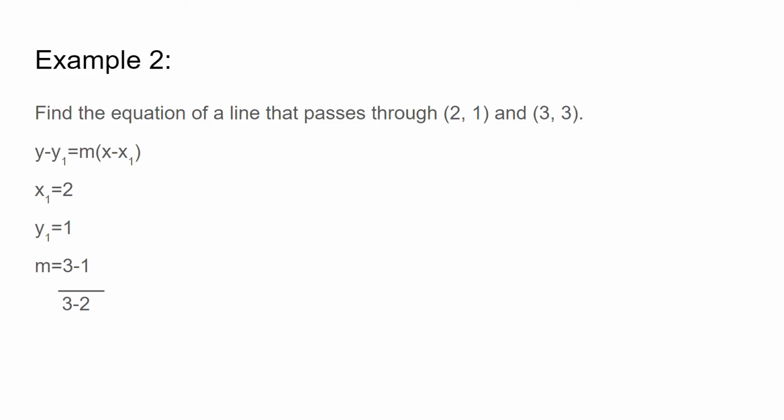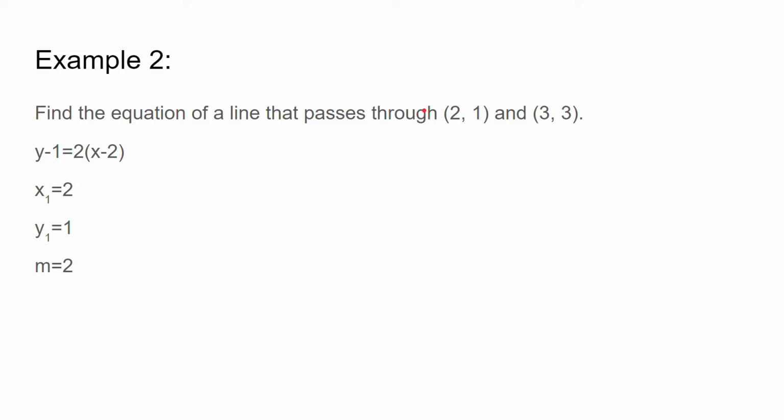Now we get that the slope is equal to 3 minus 1 over 3 minus 2, and that is equal to 2 over 1, which is 2. We can plug that in to get that this line is y minus 1 equals 2 times x minus 2.